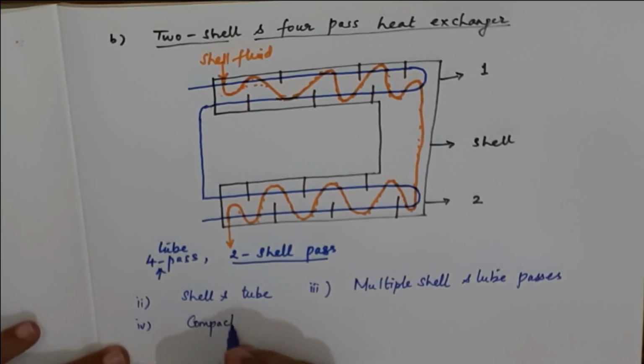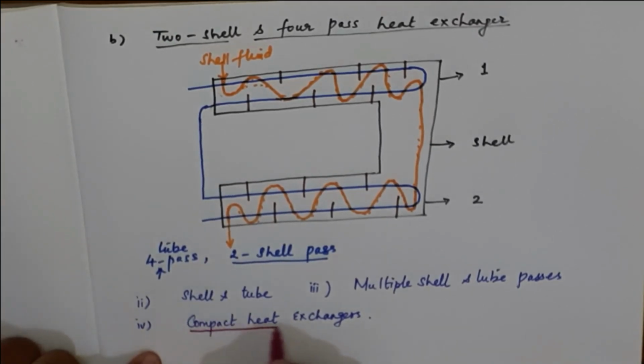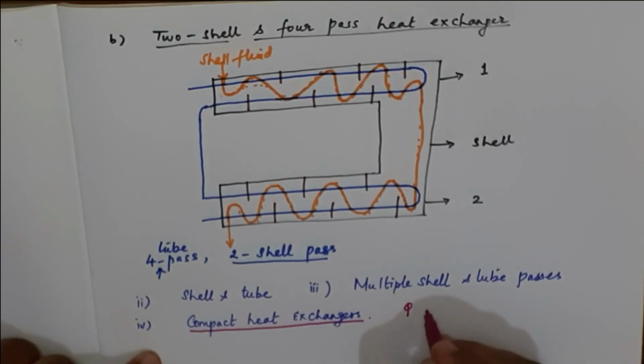Compact heat exchangers. This is very, very important as far as compact heat exchangers are concerned. Compact means for a given rate of heat transfer, the area should be minimum.